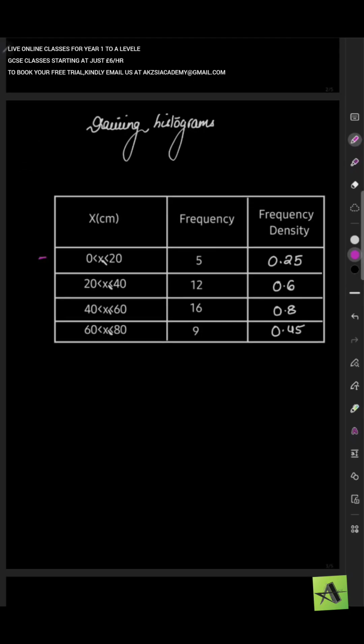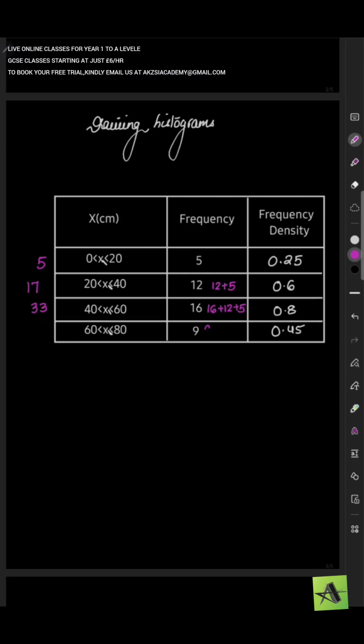For the first one, I can see only 5. For the next one, we have the existing 12 and the previous 5, which gives me 17. For the next one, we have 17 already added plus 16, or you can write 16 plus 12 plus 5, so that will give me the answer as 33.